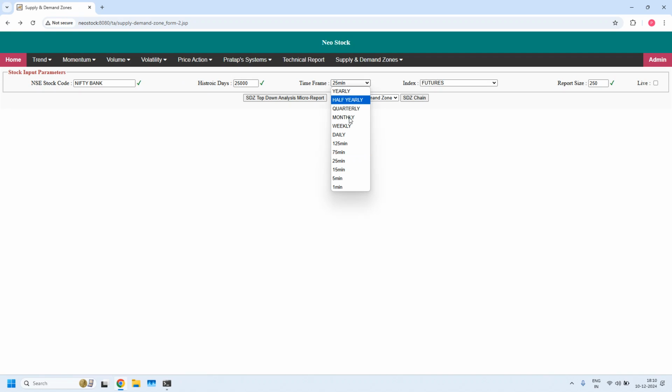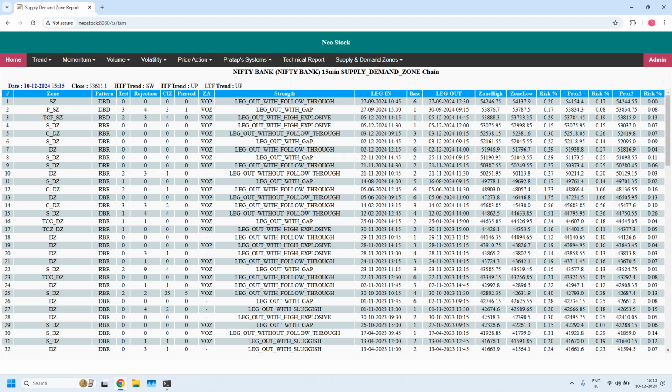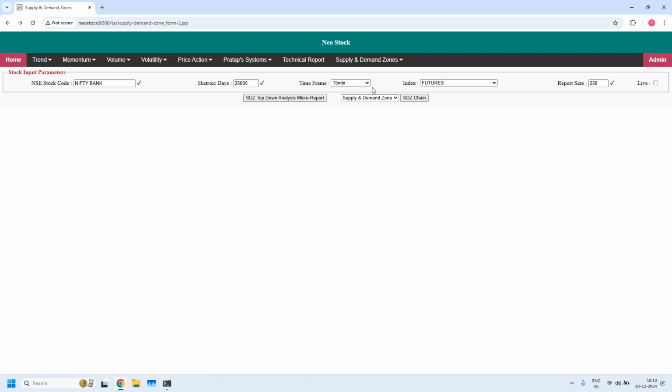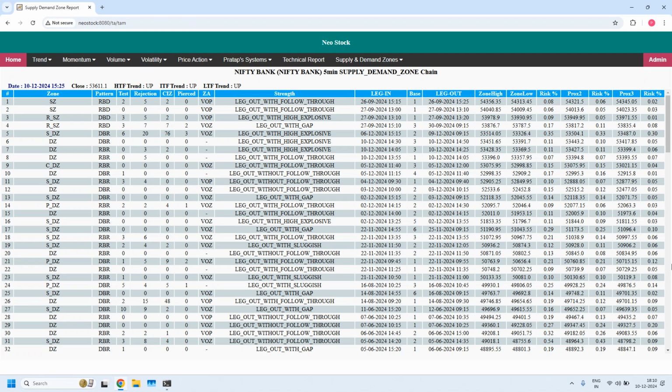Next, 15-minute supply demand zone chain for Bank Nifty. Next, 5 minutes supply demand zone chain for Bank Nifty. So this is about Bank Nifty supply demand zone chain.